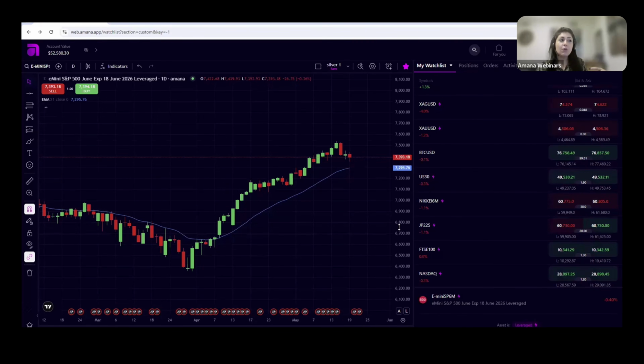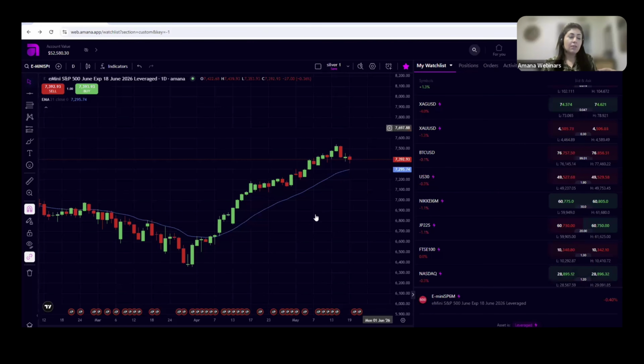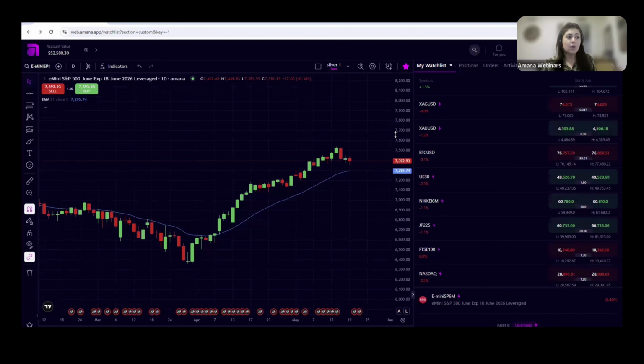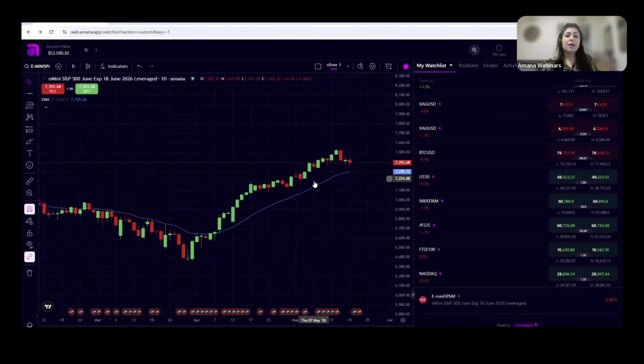But again, the 21-day EMA, the 3 weeks moving average, can fit well with a strong trend like we are seeing in S&P. It can act as a dynamic support. The prices might reach down to that average and then bounce up from it. So it's not something I'm using to indicate anything about the trend. It's just acting like a dynamic support line.